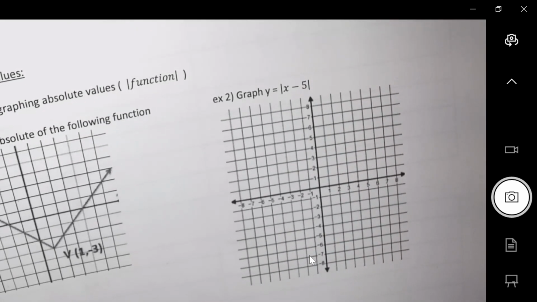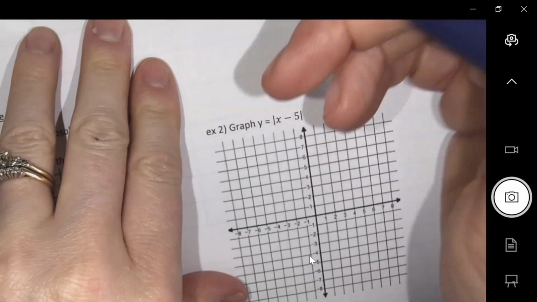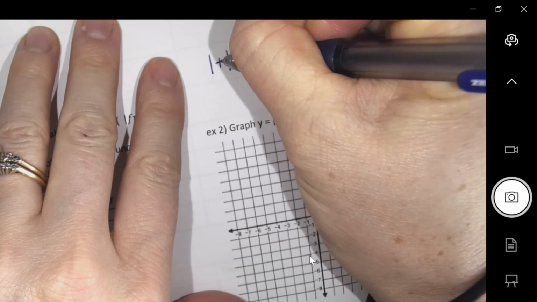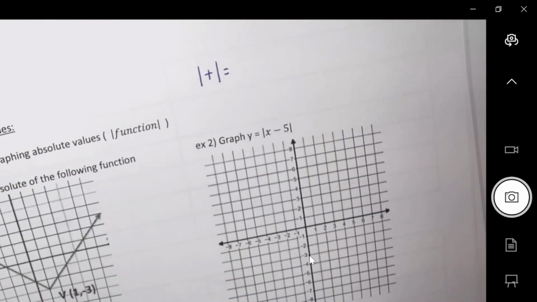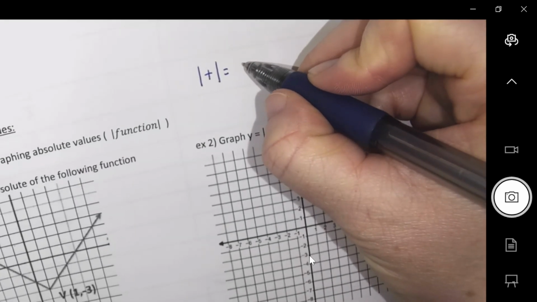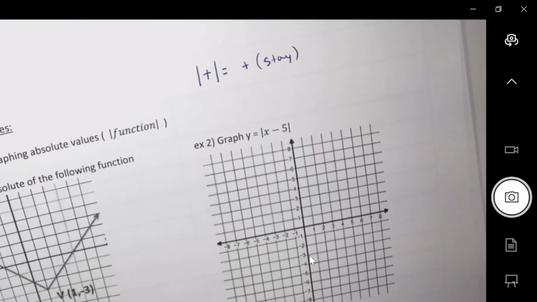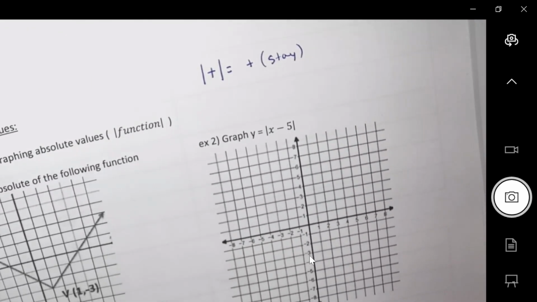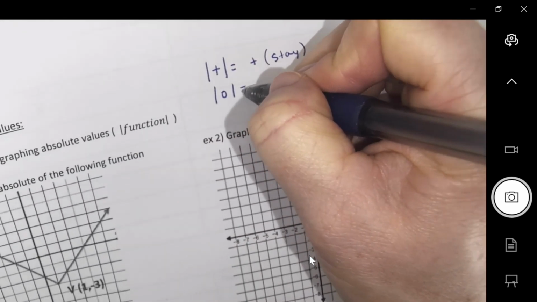Okay, let's talk about some rules with absolute values. So what happens to us when we absolute value a positive number? What happened to it? It didn't do anything. It just stayed, right? So the absolute of 5 was just 5. What about the number 0?